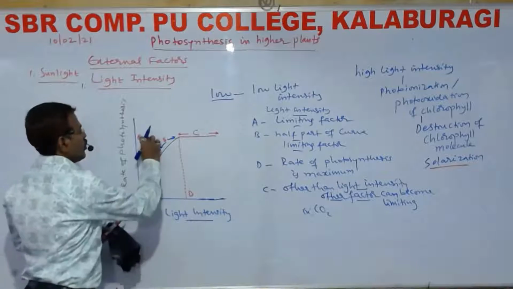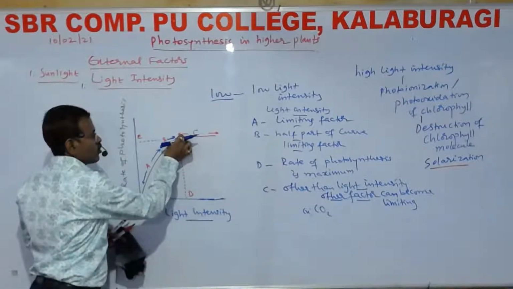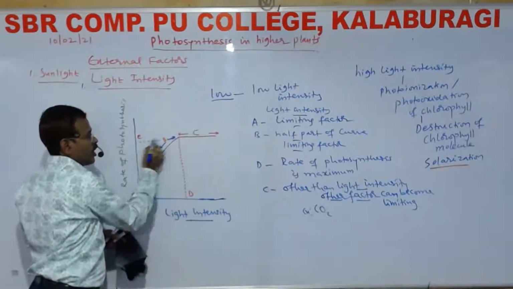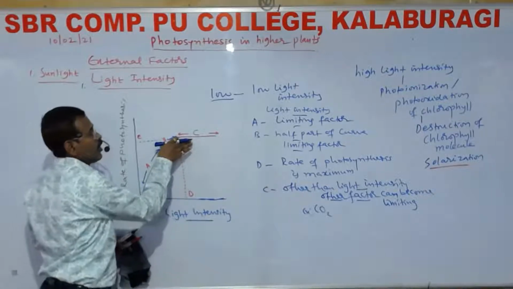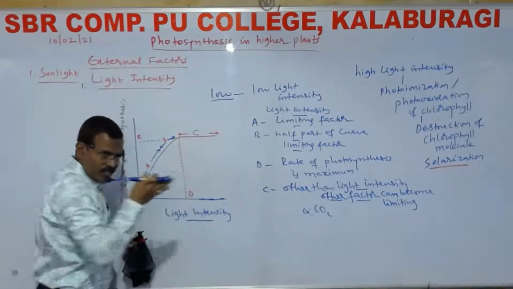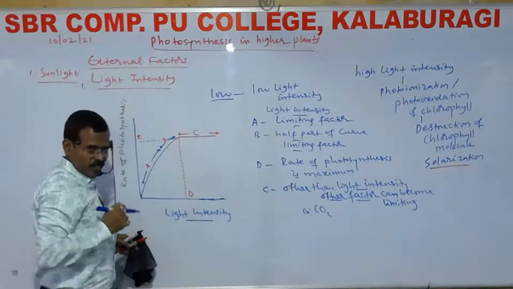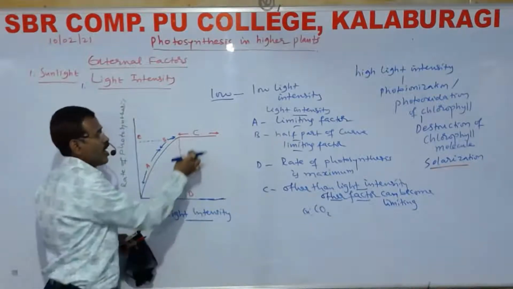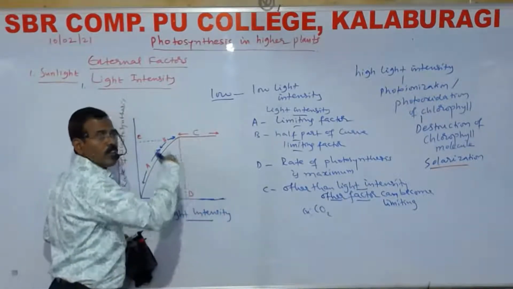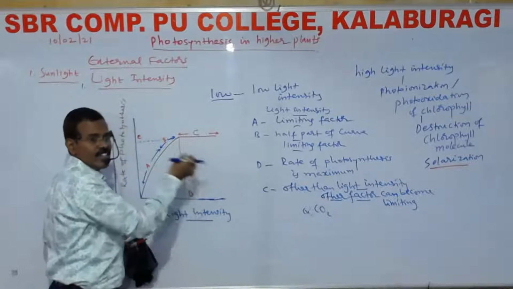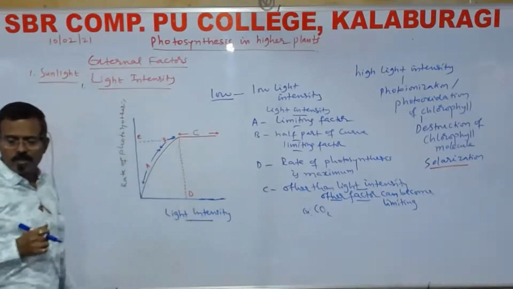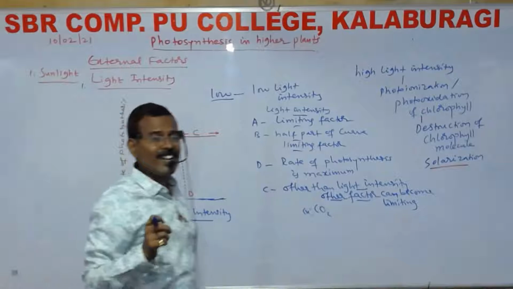Here, the rate of photosynthesis has reached saturation at this point. Beyond that, you can see a constant rate of photosynthesis if conditions are favorable. Otherwise, the rate can decline because other factors can become limiting. So this is about light intensity.